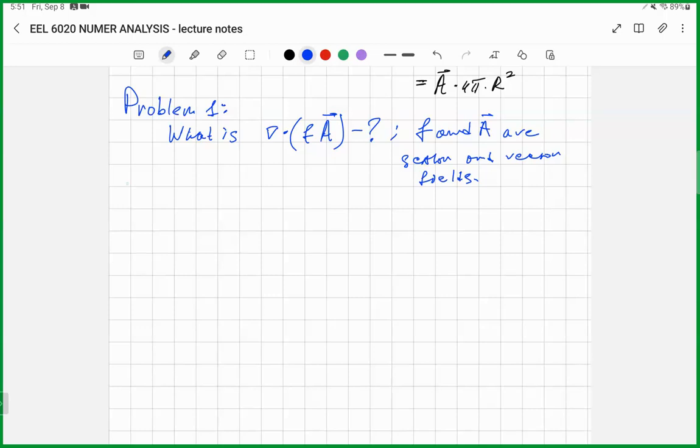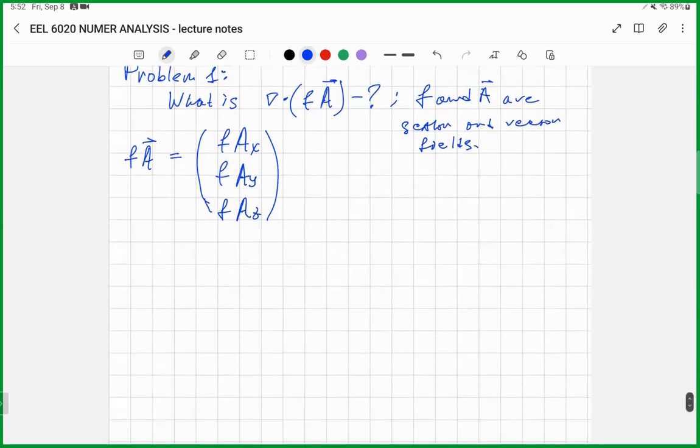The first thing is to define what components this field fA has. Due to the fact that f is scalar, we simply multiply f by each component of the field A. So this is the X component, this is the Y component, this is the Z component. These are the components of this field fA. Let's go ahead and find the divergence of this field.